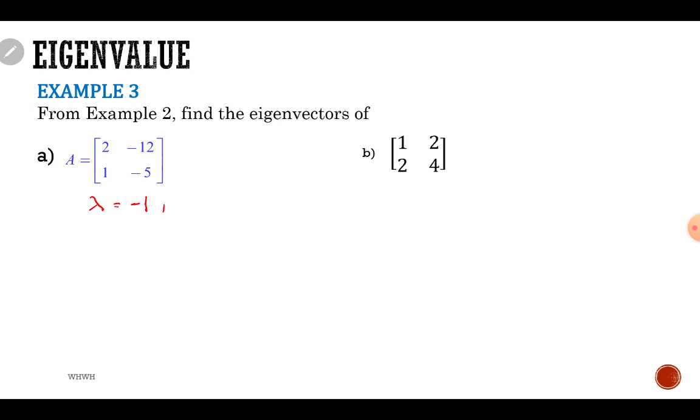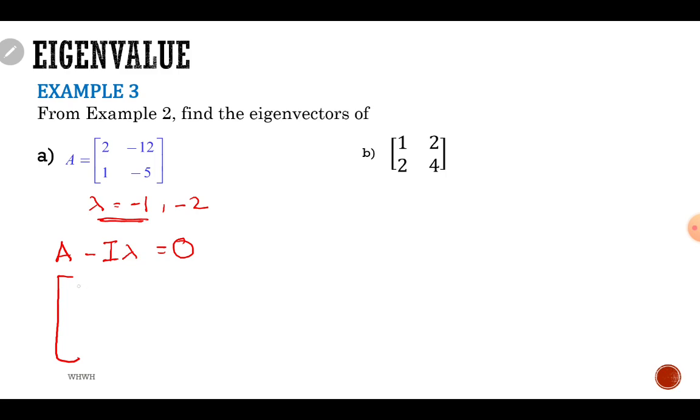Satu is -1 and another one is -2. So we'll proceed first with lambda equals -1 ni. Jadinya, to find the eigenvector, kita based on the formula A minus identity lambda sama dengan 0 kan. Okay, saya tunjuk step by step. Afterwards, kalau nak skip step ni pun tak apa.